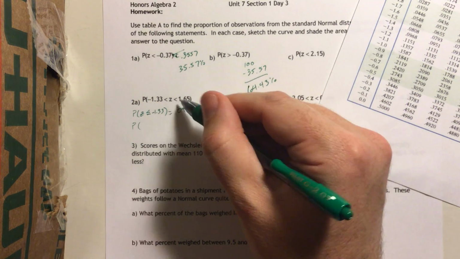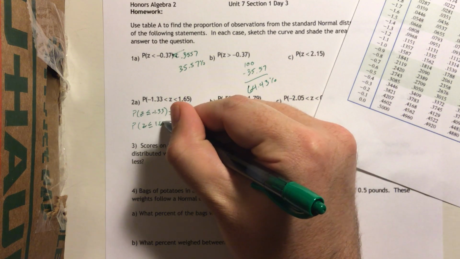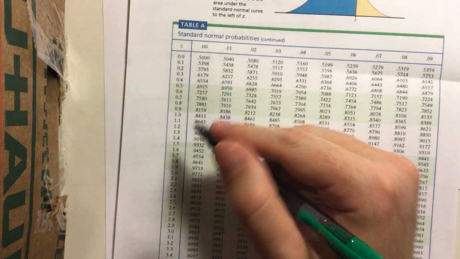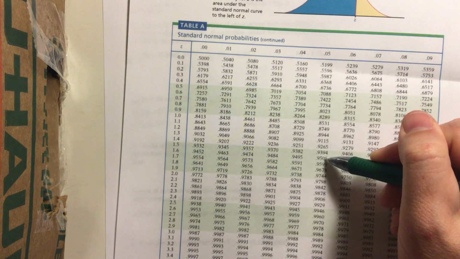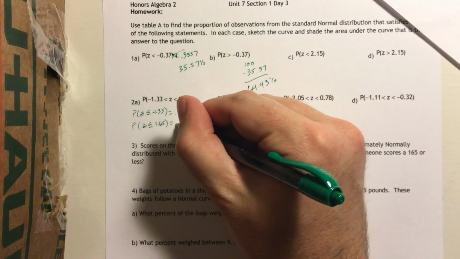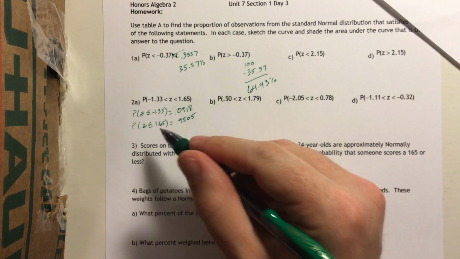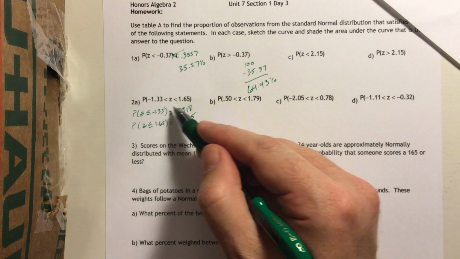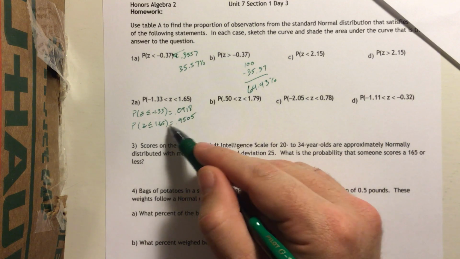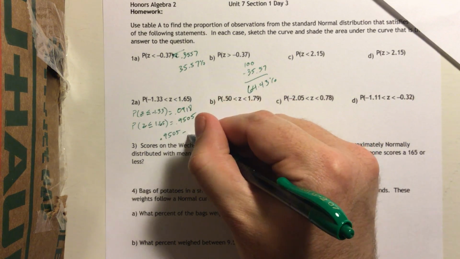The table can also tell us about 1.65, but remember, it's always telling us less than. So if I go look at my table for 1.6, 1.65, it's going to be all the way here, 0.9505. Whenever you're trying to find the percentage or the probability between these two numbers, you always take the top one, the 1.65, and subtract the bottom one from that.